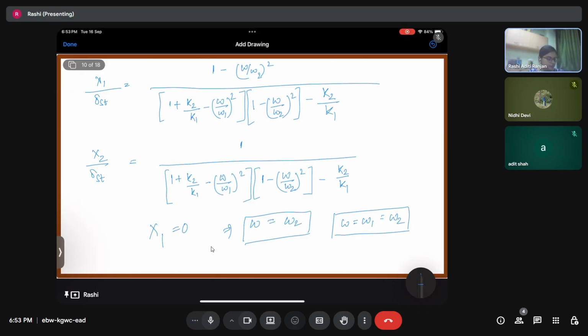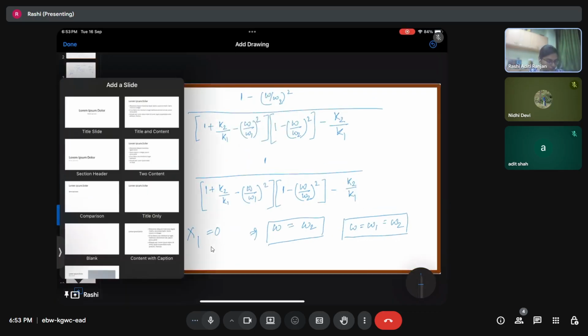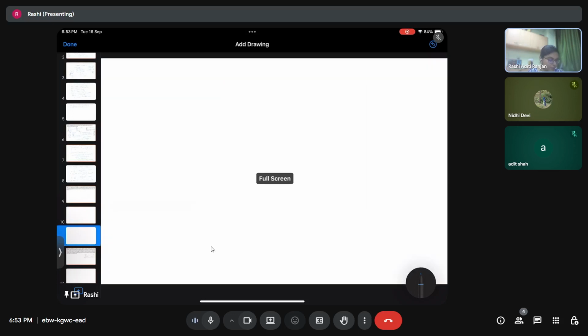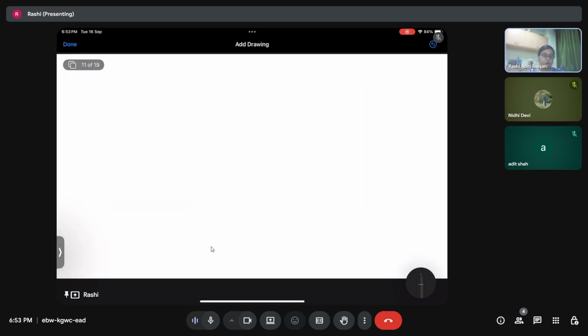Now, if I use this, omega is equal to omega 1, which is equal to omega 2. What do we get when we put it in the second equation where we are calculating X2? We are going to get X2 as minus k1 by k2 into delta static.